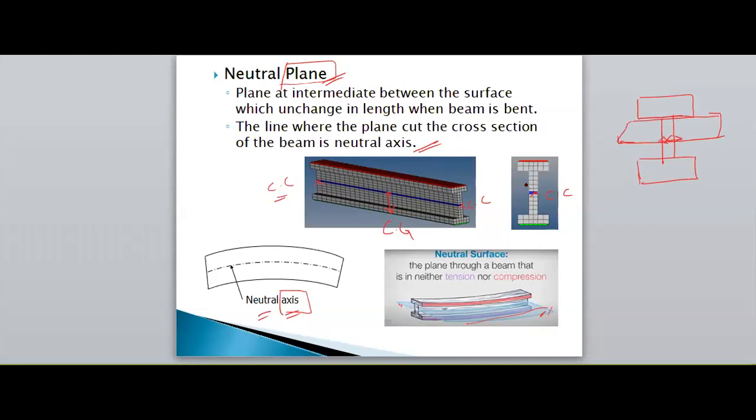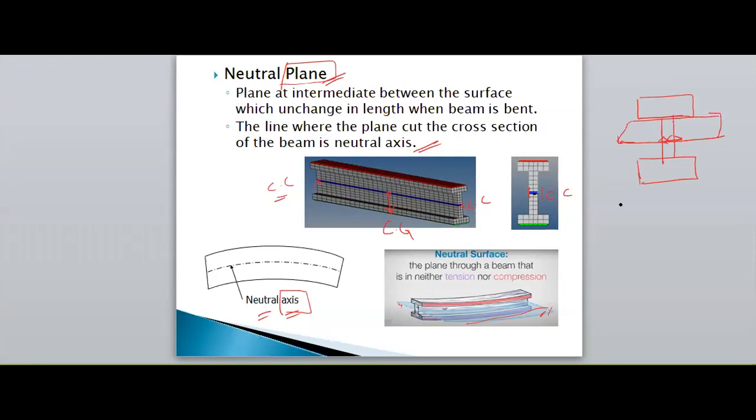We can see the blue length here. If it is an axis, it will only be a dot. If it is a line, it is a plane. So neutral plane and neutral axis are the two fundamental points we need to remember here.